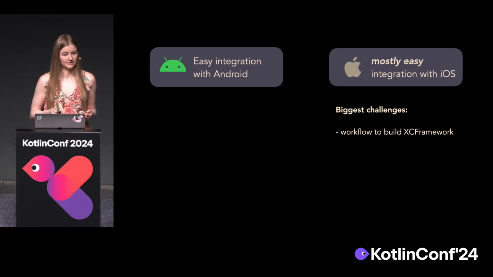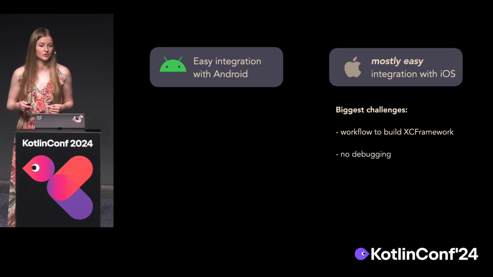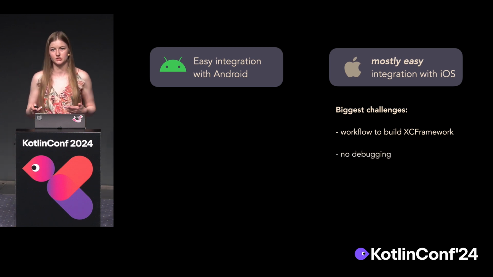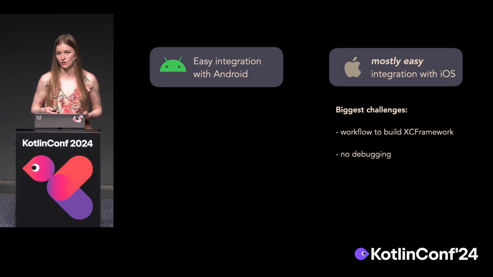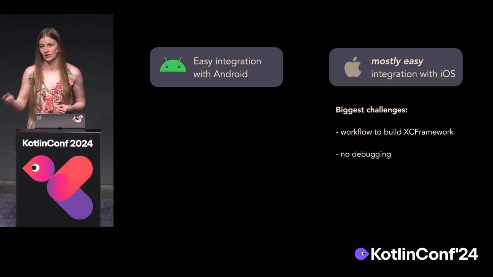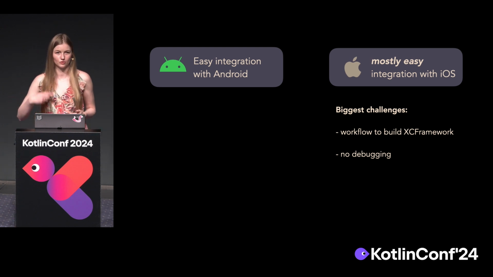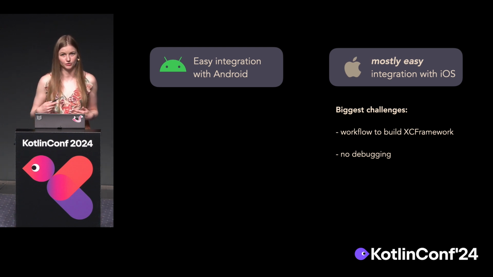Also, at the time when we created it, there was no possibility to debug this code from the iOS project. So it's nice that it's changing now, as we all saw during the keynote, because it was really hard for them to be forced to rebuild this project over and over again to test their changes.